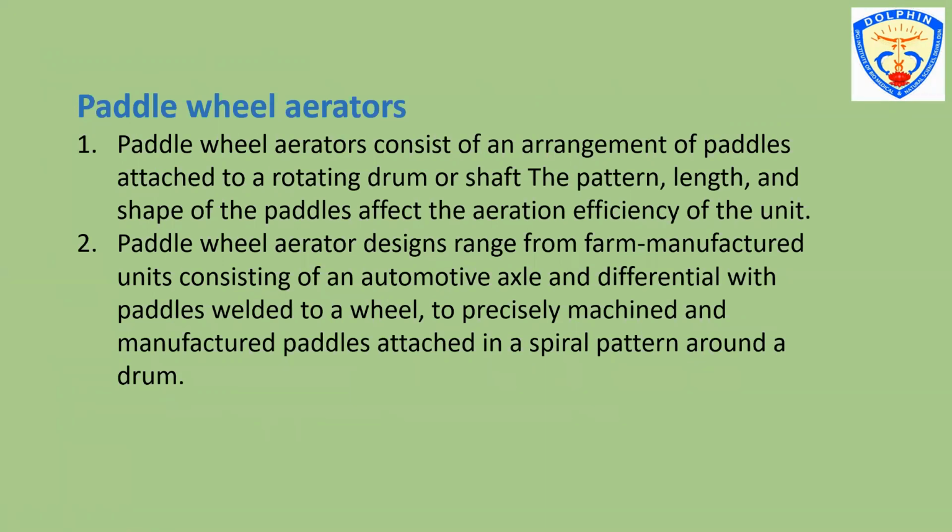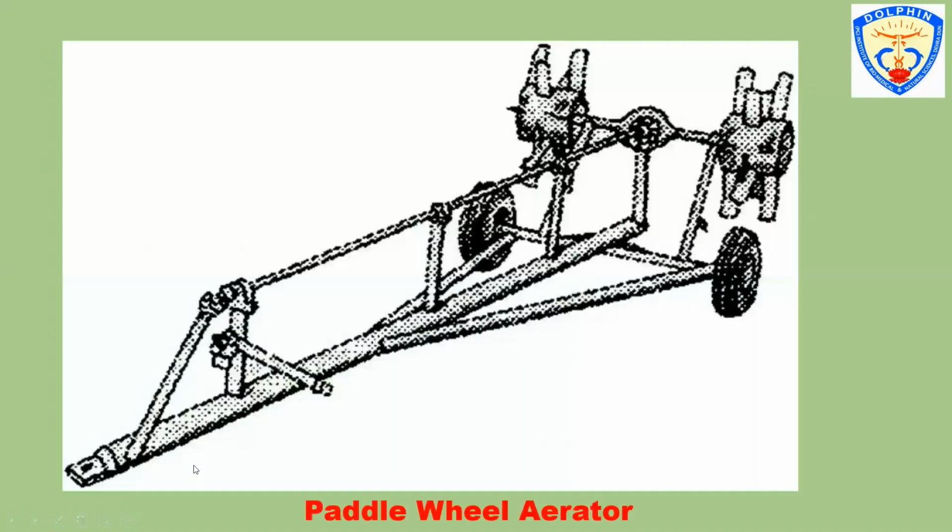Paddle wheel aerator designs range from farm manufactured units consisting of an automotive axle and differential with paddles welded to a wheel, to precisely machined and manufactured paddles attached in a spiral pattern around a drum. This arrangement will be clear with the help of the figure in the next slide.